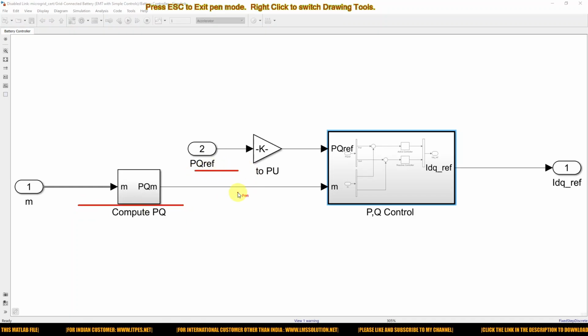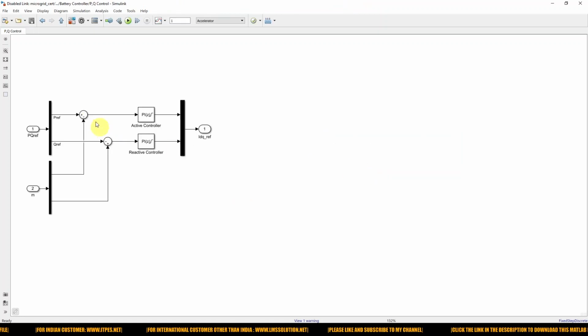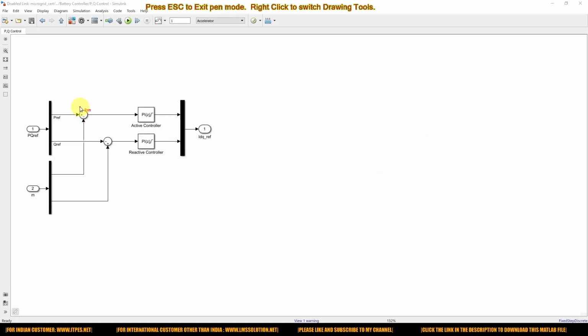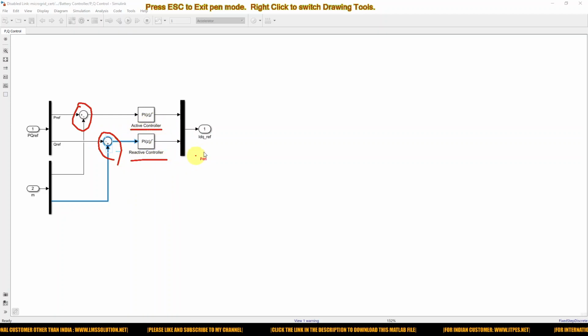That means we compare real and reactive power, actual and reference, and then process via real power control and reactive power control. It will generate the IDQ reference.